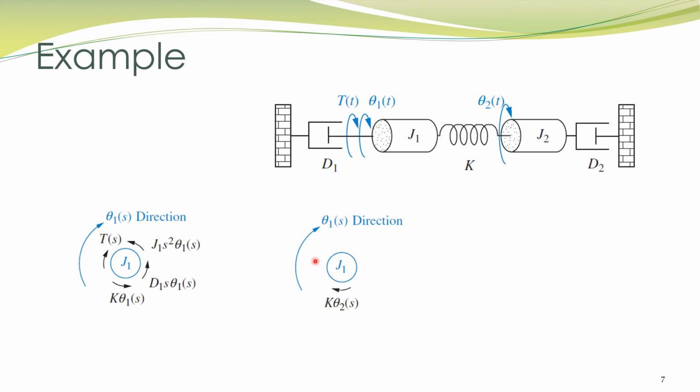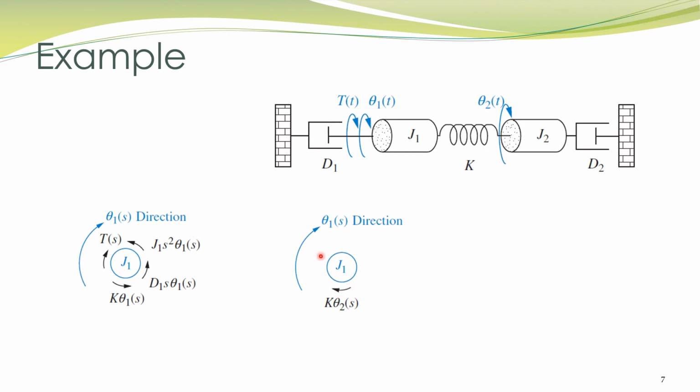So if this has angular displacement theta 2 and this is stationary, now if this end is rotating in clockwise direction, this spring will tend to rotate this object in clockwise direction, that is, the spring will exert a torque on this object in clockwise direction, and the magnitude of the torque is proportional to the angular displacement, that is K into theta 2 of s, in clockwise direction.